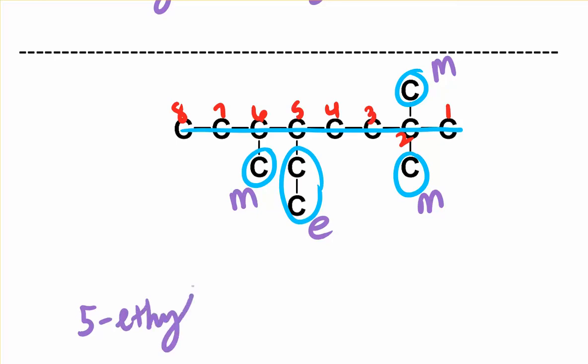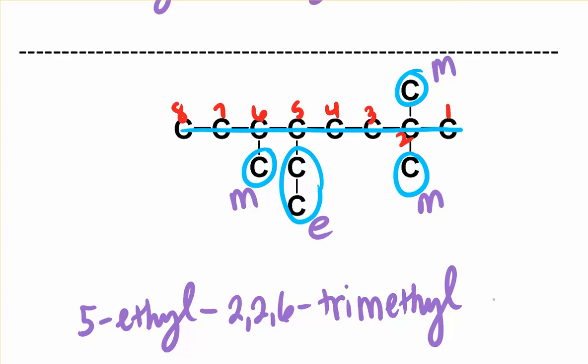I say 5-ethyl. Then for the methyl, I need to say 3 locations because I have 3 branches. And so for this situation with 2 on the same number 2 carbon, I say 2,2,6-trimethyloctane.